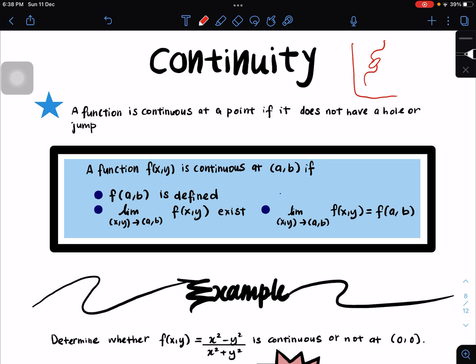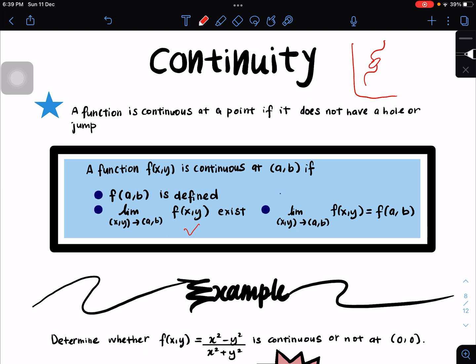Okay, and then we also need to prove that the limit of the function f(x,y) when x and y approach the values of a and b exists. How to prove this is in the previous video that we did before, where we choose two paths. If we substitute the values of a and b inside the function f(x,y), we get 0 over 0, which is undetermined.